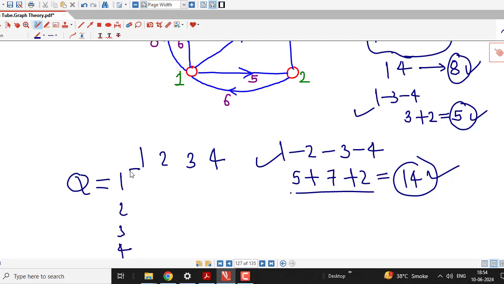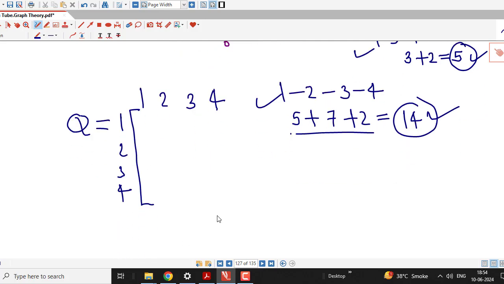We will denote this matrix by capital Q, and the entries of this matrix will be the lengths of the shortest path between each pair of vertices.